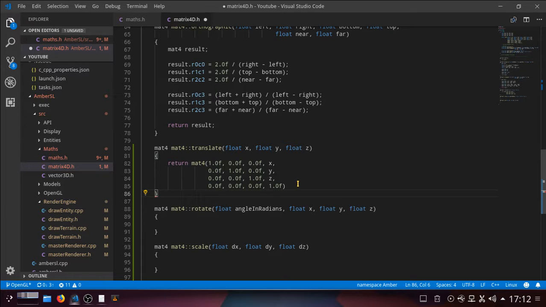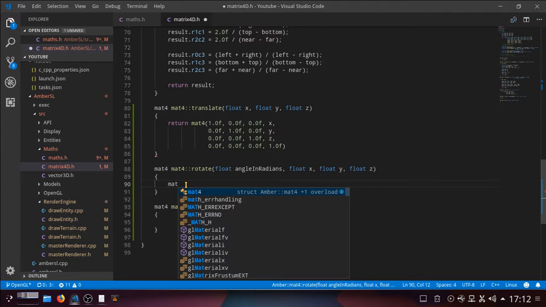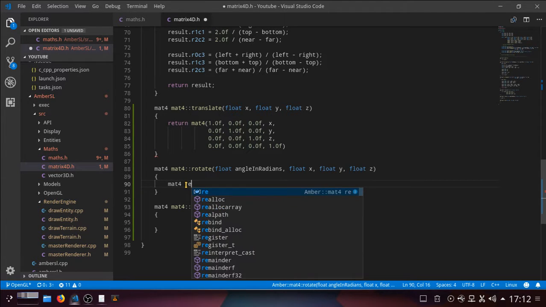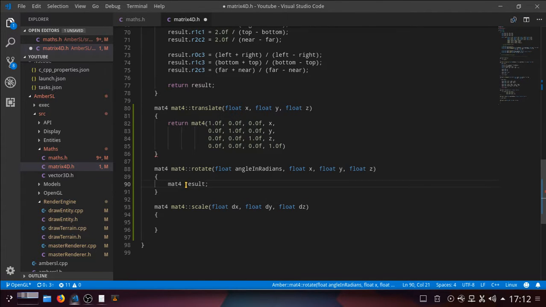Right, to rotate, slightly different. I think we'll need a calculation on this. Yeah, let's do a calculation on it. Mat4 result, that's the identity matrix.